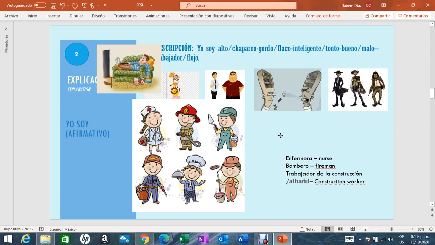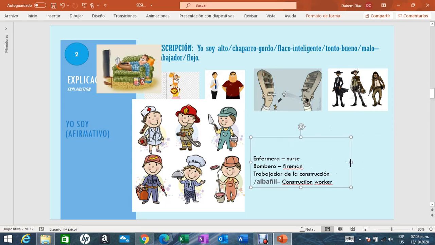And next one. We have mecánico. Mechanic, mecánico. And then we have cocinero or cocinera, a cook.